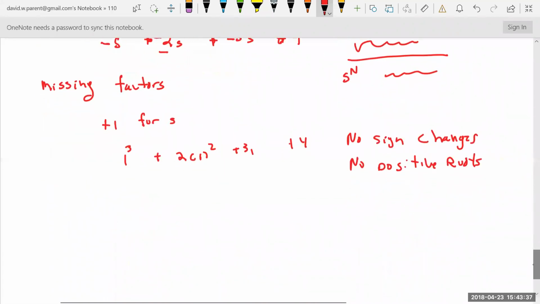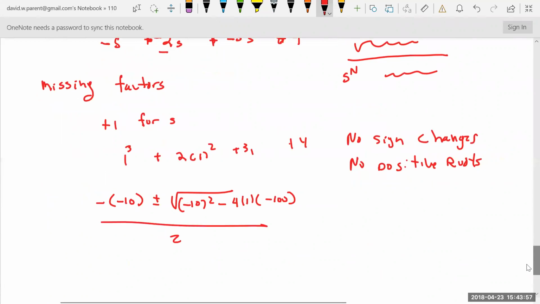Now, most of you just did it with the quadratic equation, so we had minus minus 10, minus 10 squared minus 4 times 1 times minus 100, divided by 2.